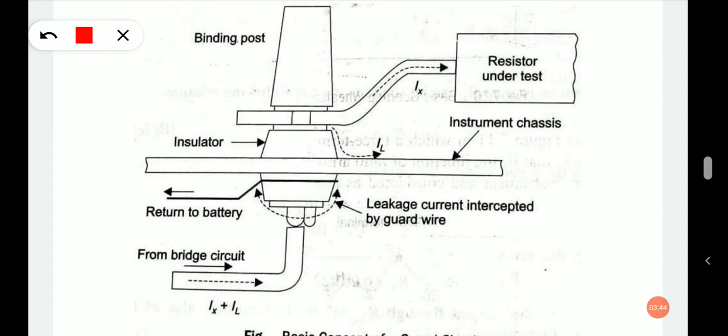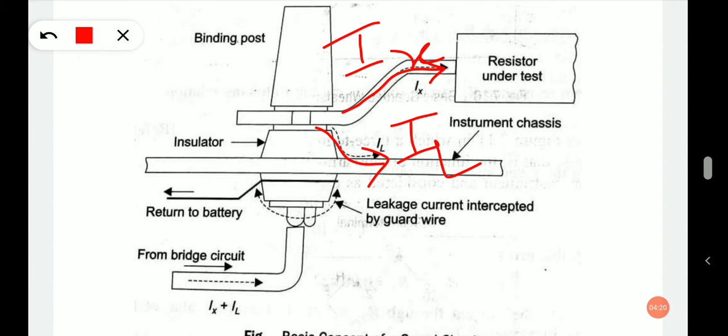So here we can see this is the IL, that is the leakage current, and it flows along the insulated surface of the binding post, and the current Ix flows through the unknown resistor.